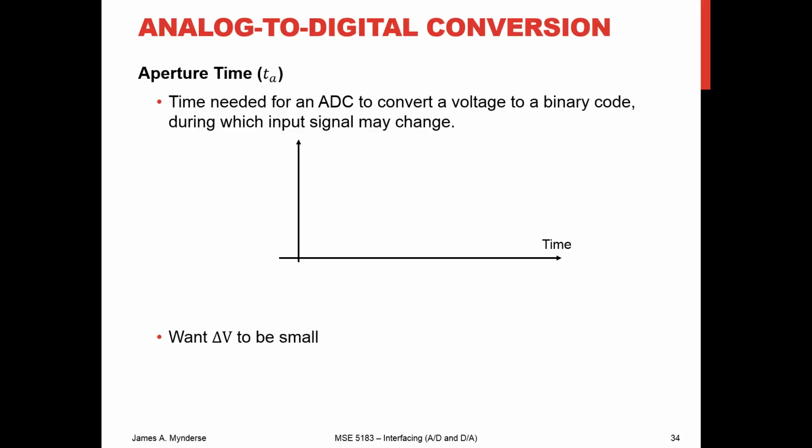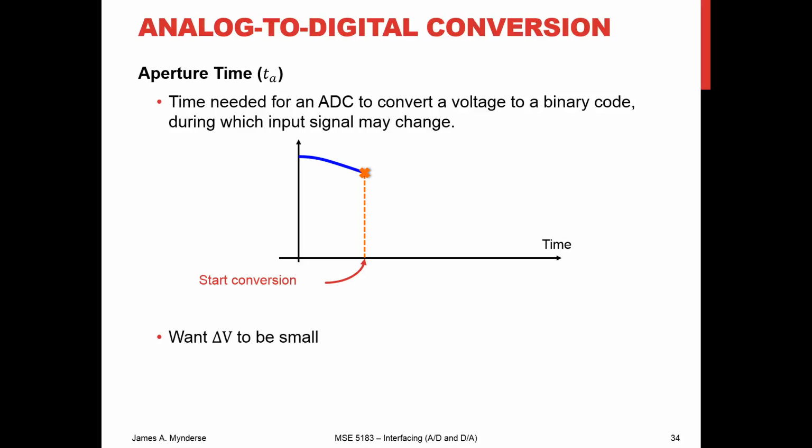Now, when we actually convert, it's not instantaneous. There's going to be some time delay associated with that. And so we quantify this as the aperture time. So if we have an input signal and it's coming in and we start a conversion, then you would think, okay, this is the value that I want to hold on to. But it doesn't quite happen that way.